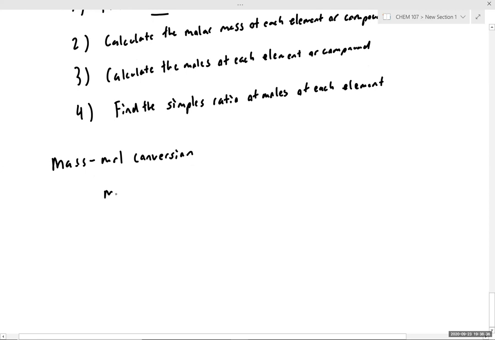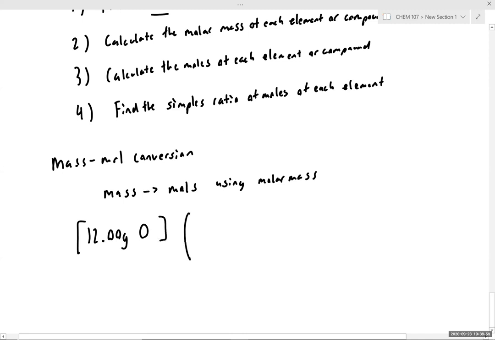We can go from mass to moles using our molar mass. So for example, if we have a mass of 12.00 grams of oxygen, we can use our molar mass and unit analysis to convert this grams of oxygen into moles of oxygen.